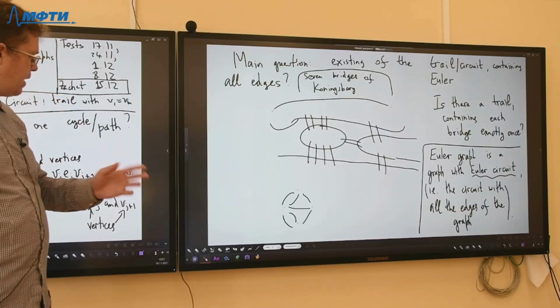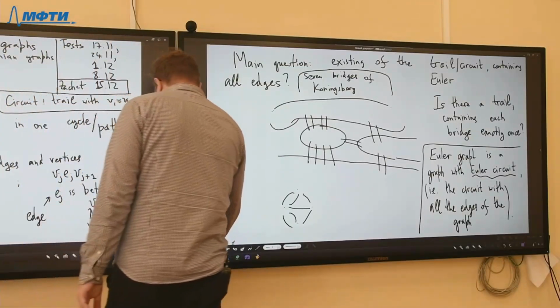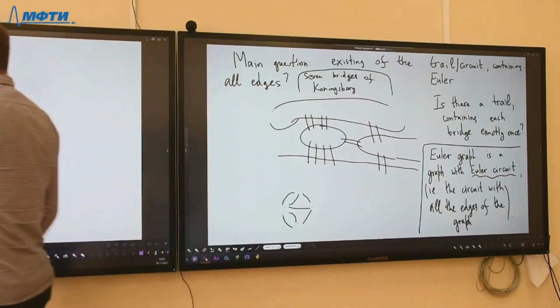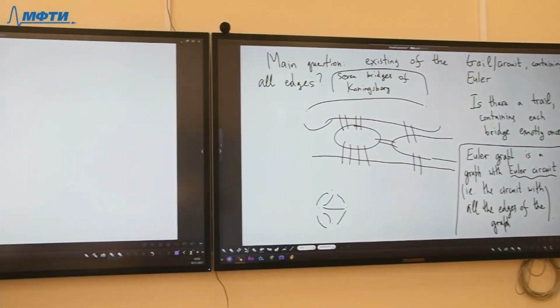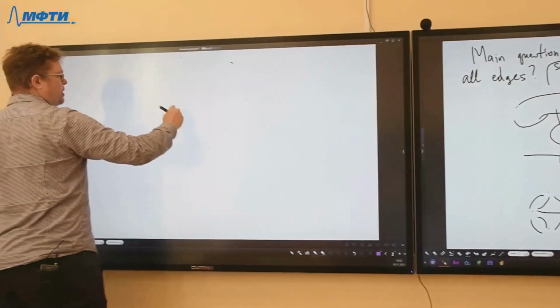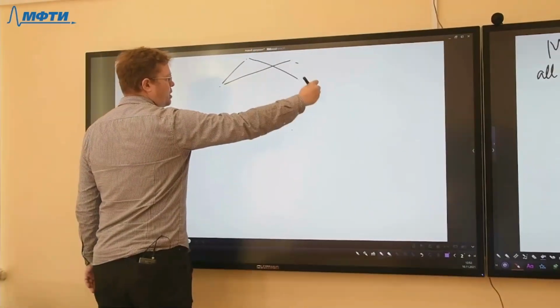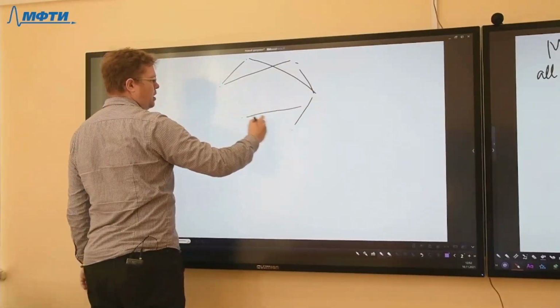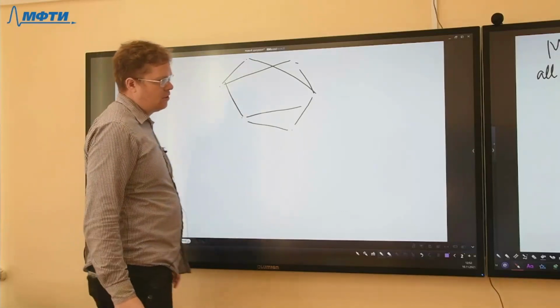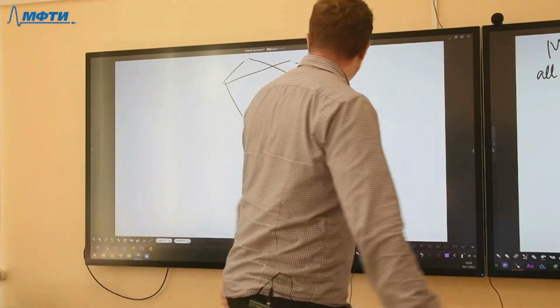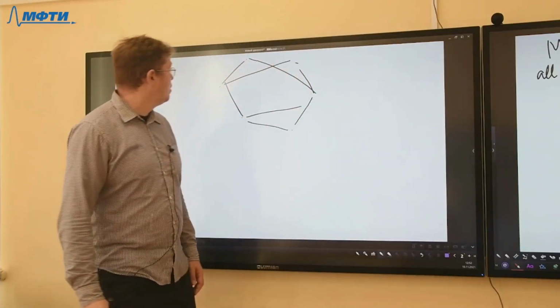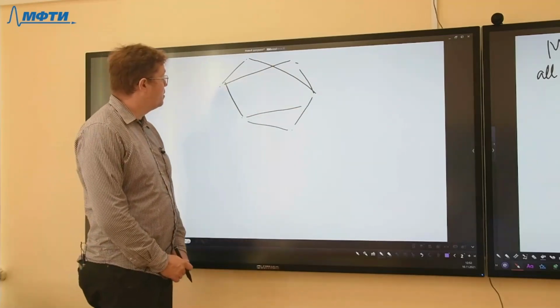But can we say this about arbitrary graphs? So the question is, we have a graph with some edges, and can we or not obtain a trail which contains all edges inside of it?